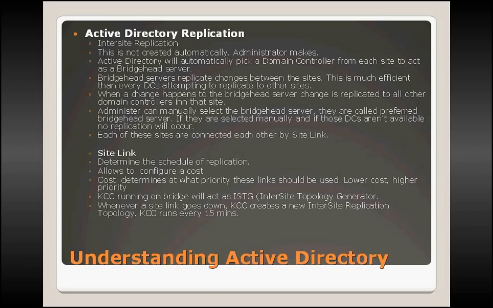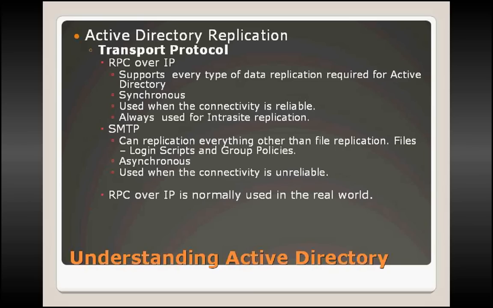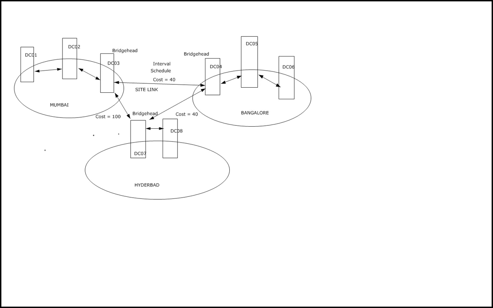Okay, and there are 2 more things. Let's go back to the whiteboard again. You can think about it this way. Say if you see Bangalore, Mumbai, and Hyderabad, there is some data being transferred to each other. So which means there should be a transport protocol that is required, right?